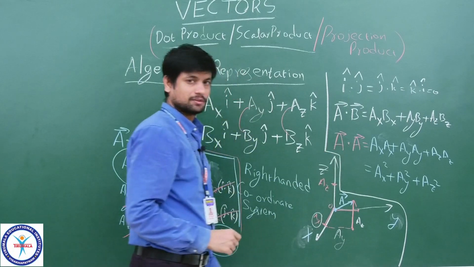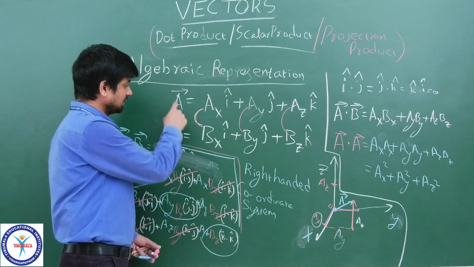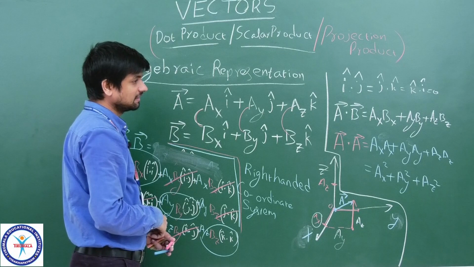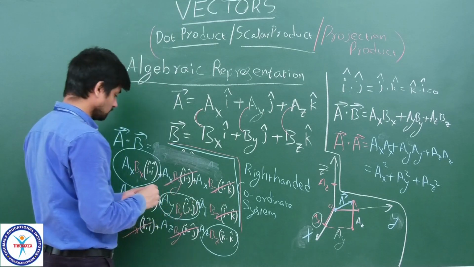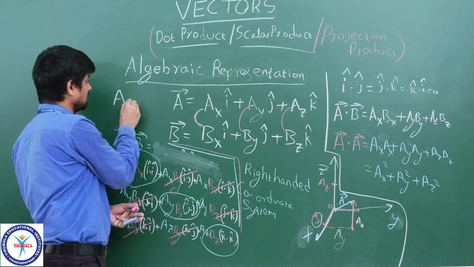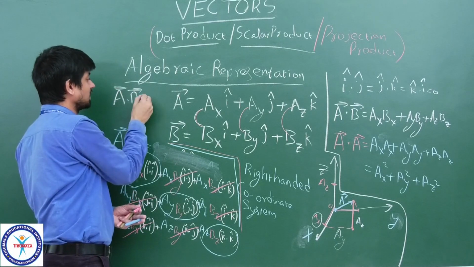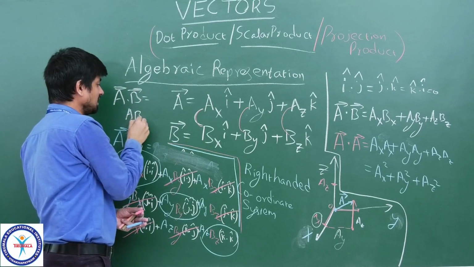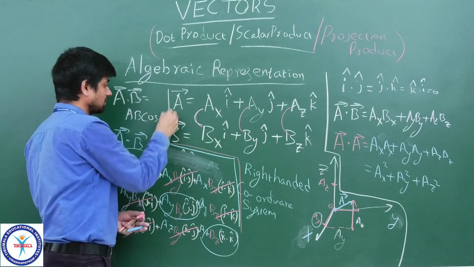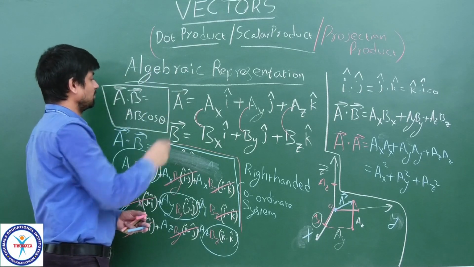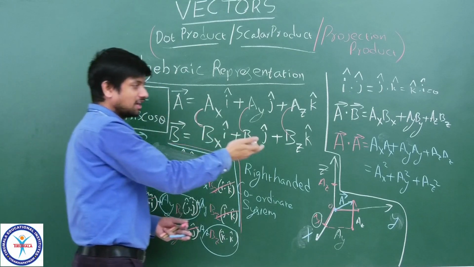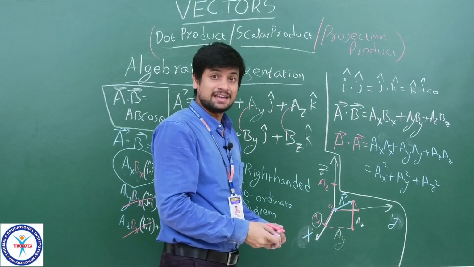A dot A, what is the formula for A dot B we have learnt? A bar dot B bar equal to AB cos theta, right? So A dot A gives you AA cos theta.